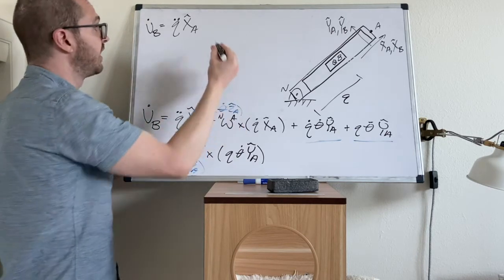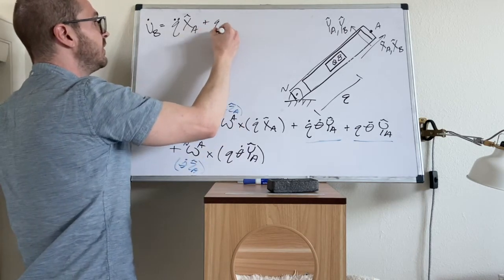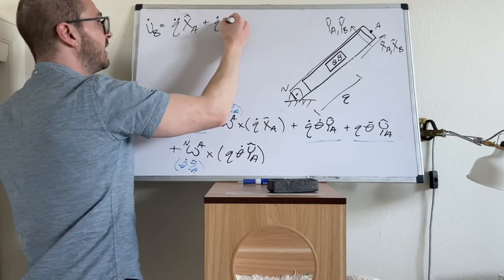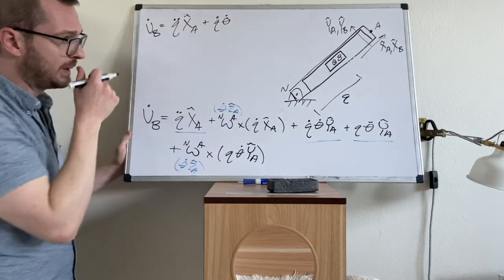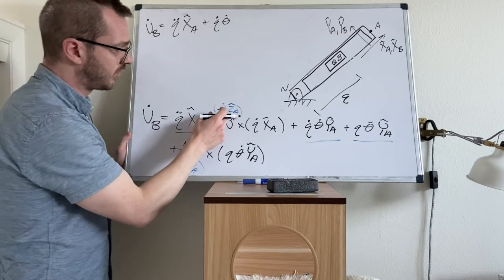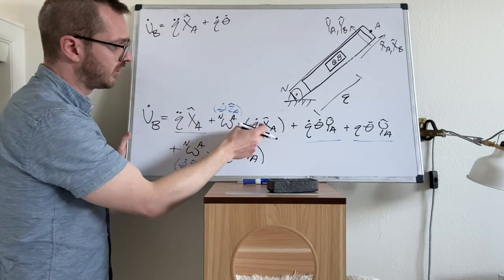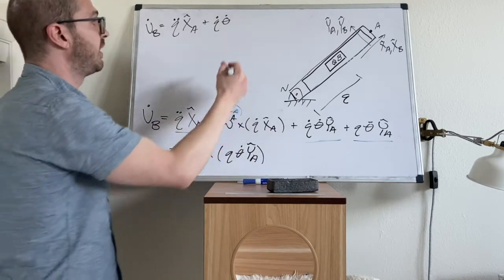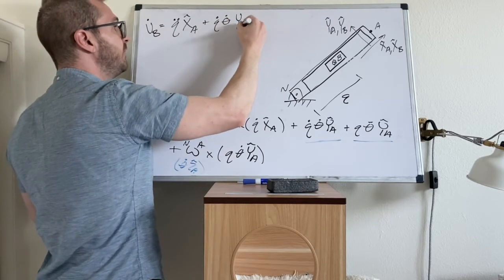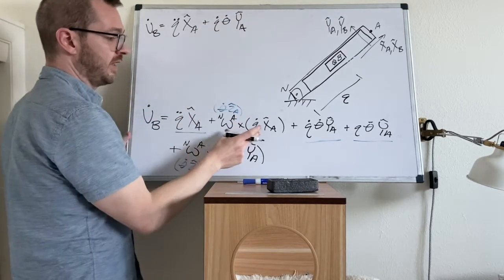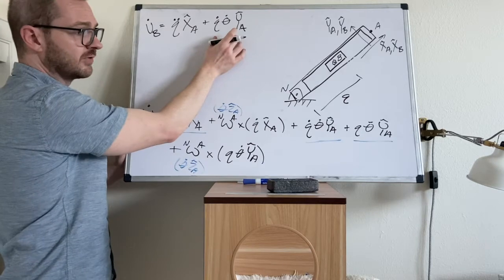So I'm just going to multiply the scalars. So plus, and let's put in this order Q dot theta dot. Now, go back to your cross products. Z cross X yields positive Y. So YA. This transport theorem became this expression.